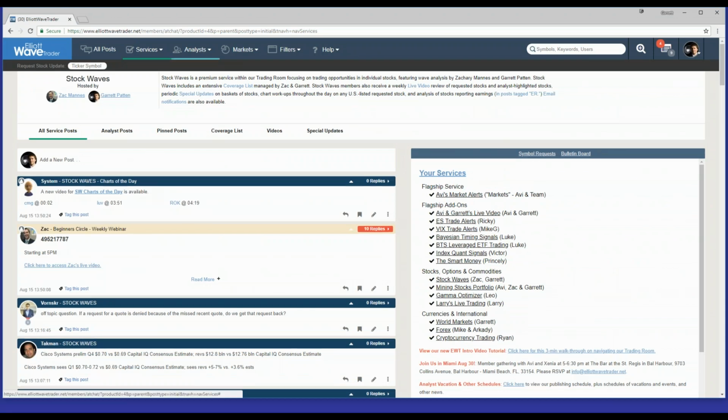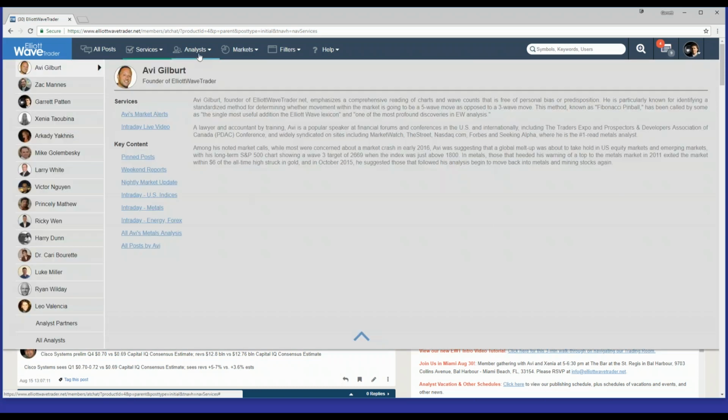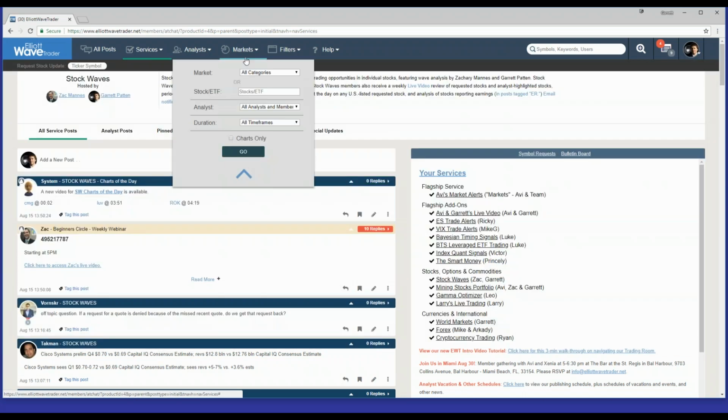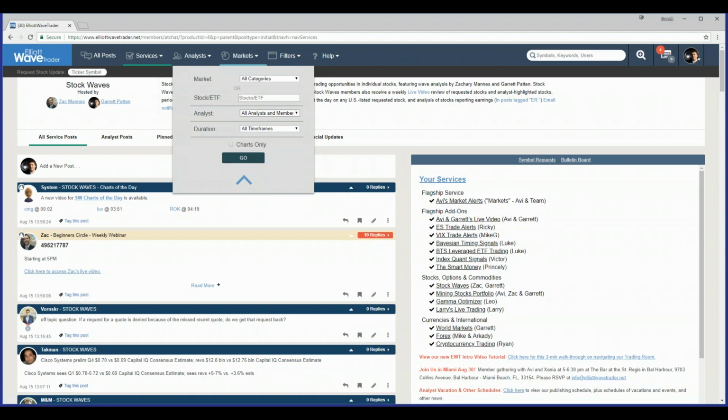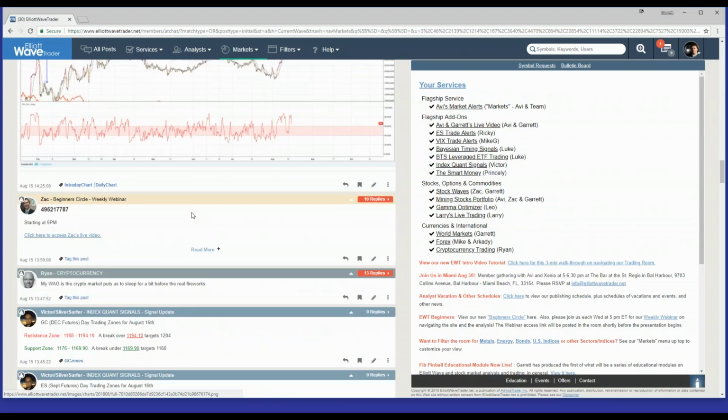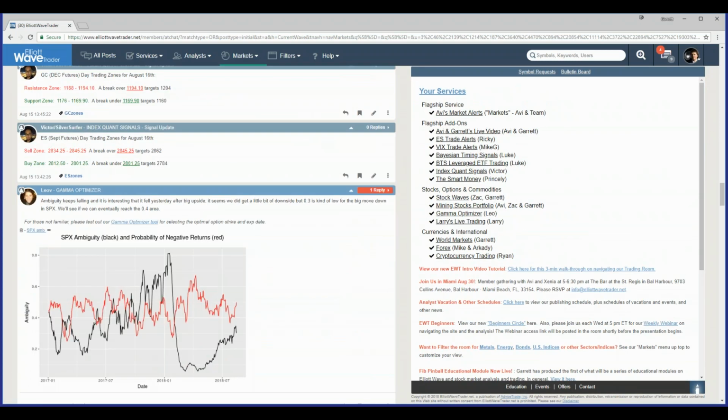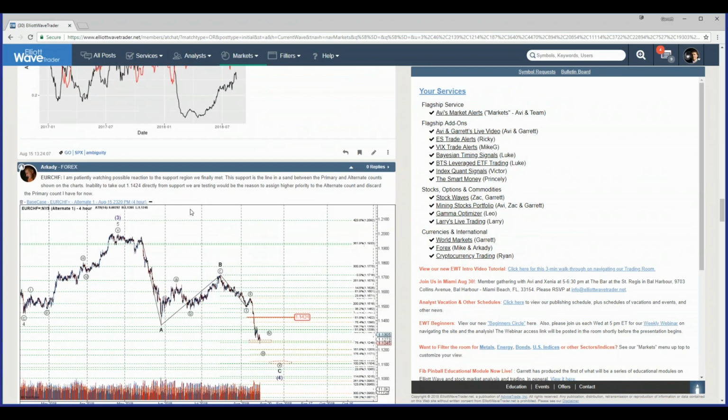Or if you notice there's a specific analyst you like, you can filter by that single analyst and follow only their posts. You can filter by only analyst posts themselves, so you could still maintain all of the different services, but filter out all those posts from individual members and only look at what the analysts, who are hired staff members here, are saying.